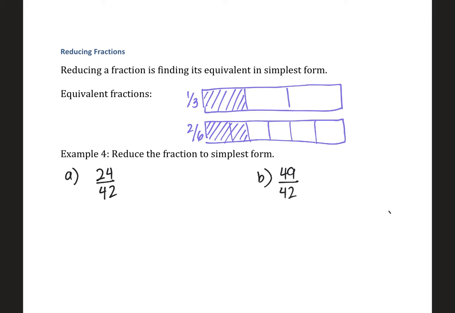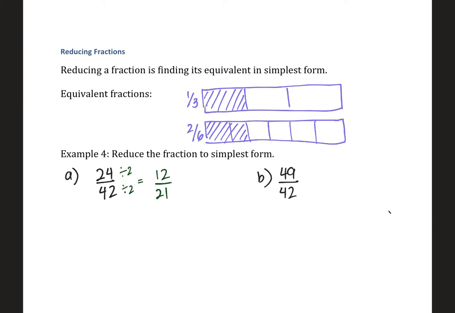So 24 and 42, right off the bat, I can already know that they're both divisible by 2 because they're both even. So that might be where I'm going to start. Divide both by 2. The numerator and the denominator. So I'm left with 12 over 21.